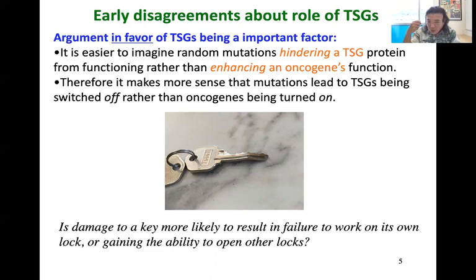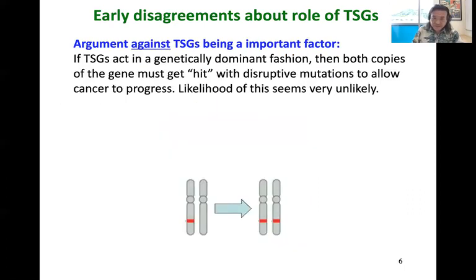Hopefully you'd realize, yeah, random damage to a key is more likely to cause it to fail to work rather than giving it new properties or new powers. So that was the argument here, that maybe the development of cancer has more to do with the loss of tumor suppressor genes than it does the introduction of mutations that cause oncogenes to function.